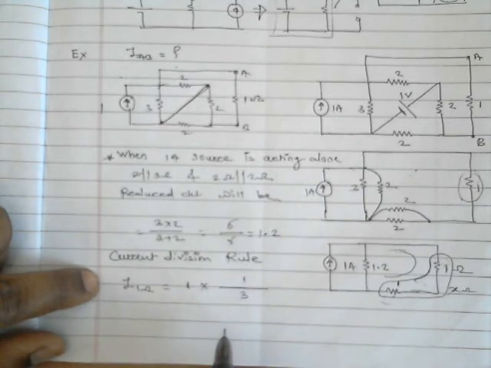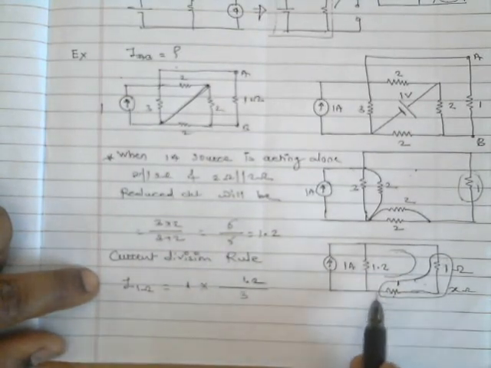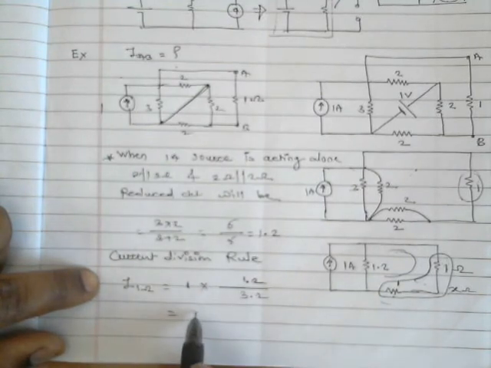Opposite is 1.2, not 1, 1.2, and the addition is 1.2 plus 2, which means 3.2.